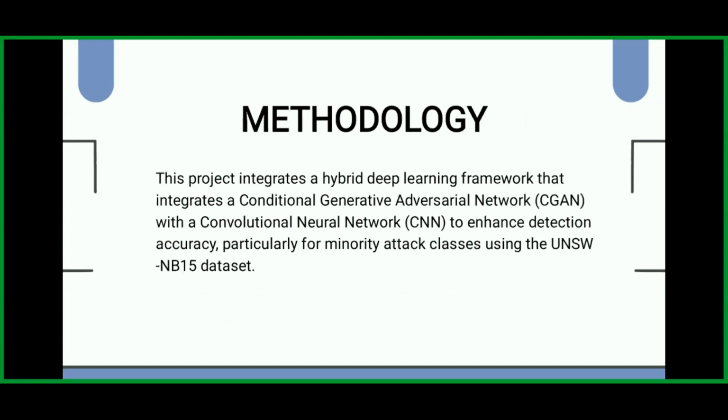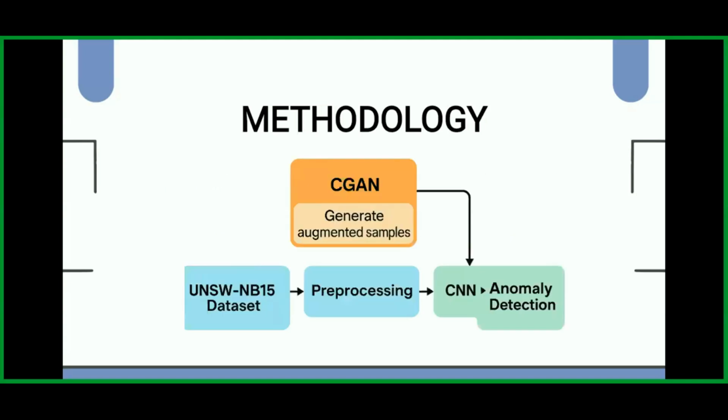The methodology we use, already a little bit discussed, was a CNN and CGAN combination, where our main focus was on minority attack classes using the UNSW dataset.